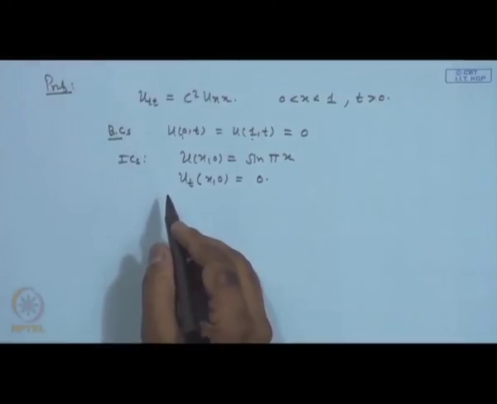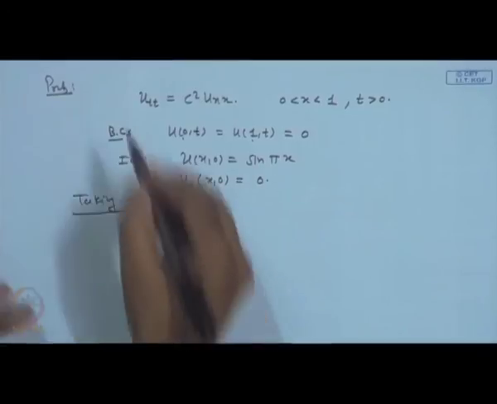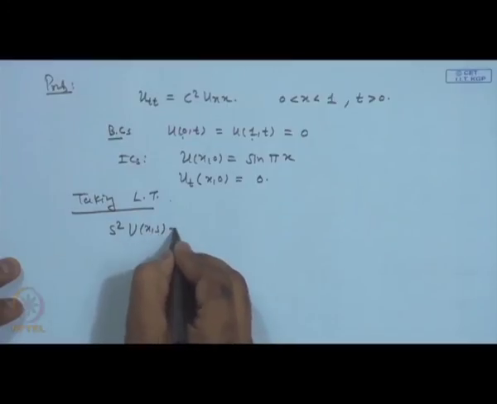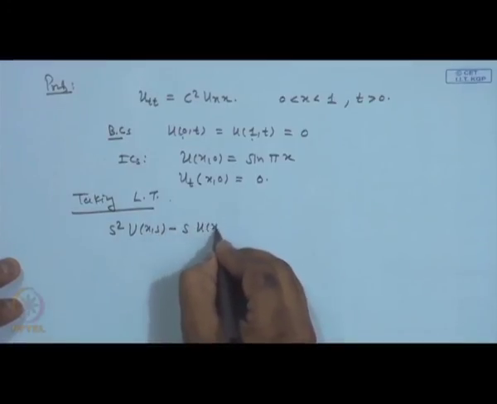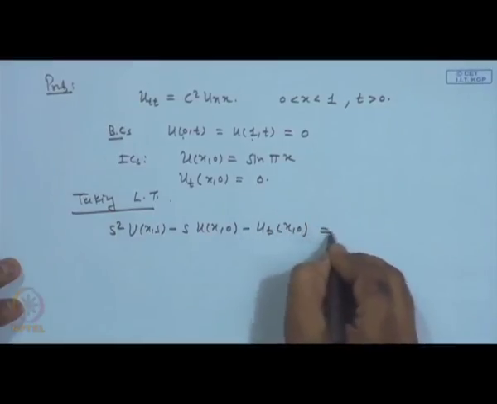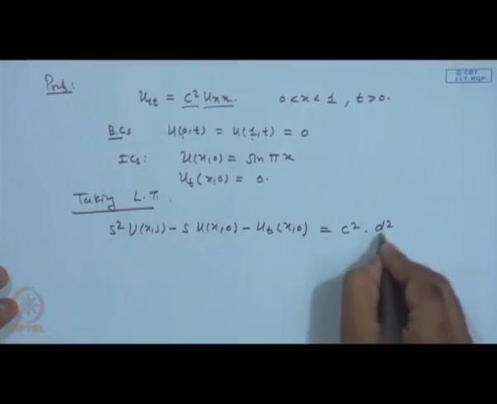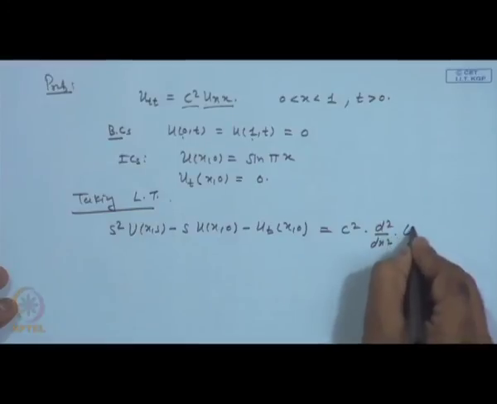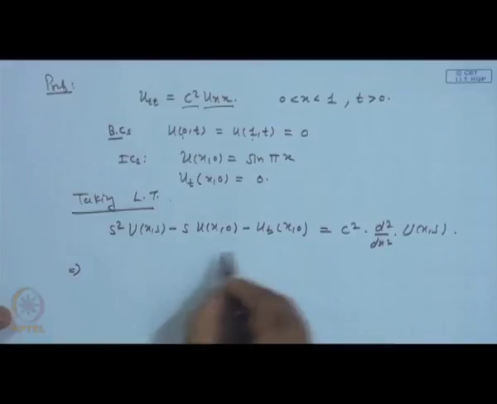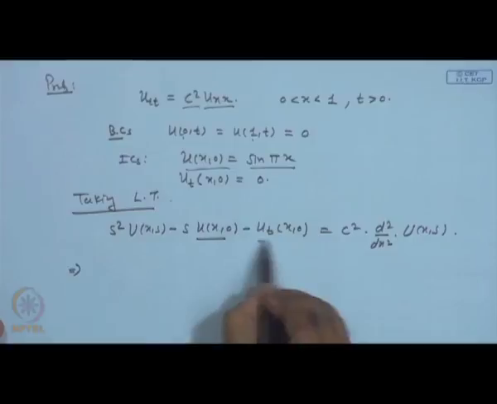So, we take the Laplace transform. Taking the Laplace transform of the equation, we will get s square U(x,s) minus s u(x,0) minus u_t(x,0) is equal to c square times the Laplace of u_xx, d2 over dx square of U(x,s). So, u(x,0) is sin pi x and u_t(x,0) is 0.